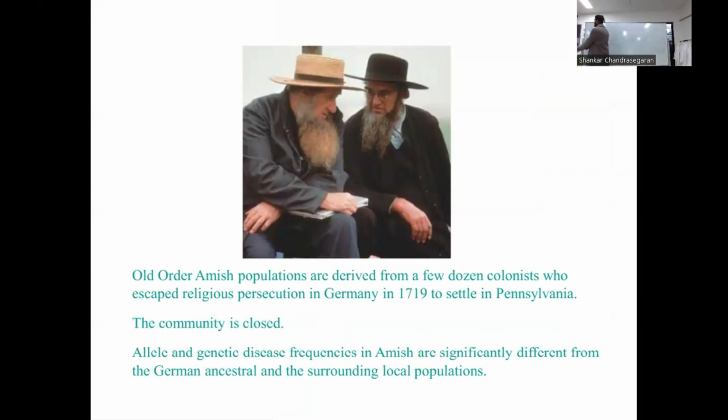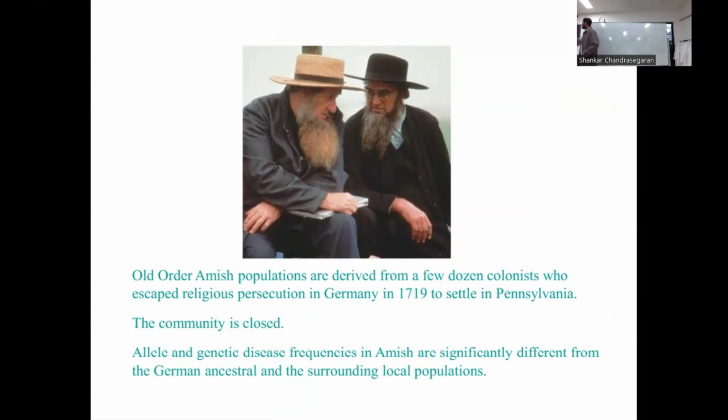So a population that is usually considered to have a low amount of genetic variation within humans is specifically older Amish populations. Because old Amish populations basically segregate themselves from the huge portion of human populations, and they want to basically live their lives on their own, right?